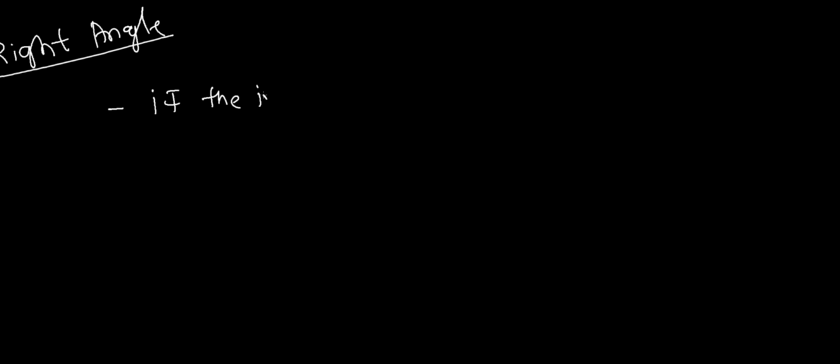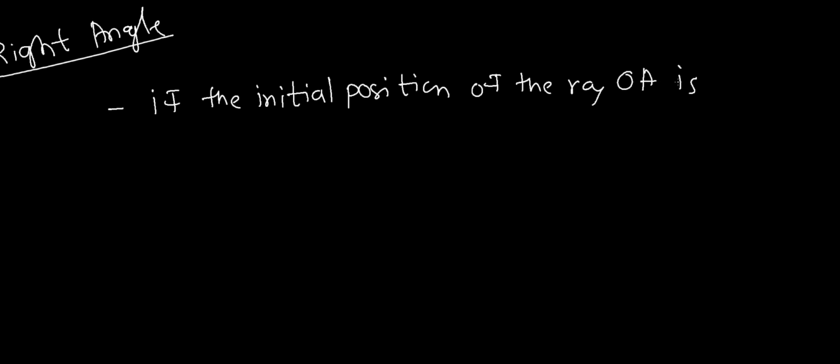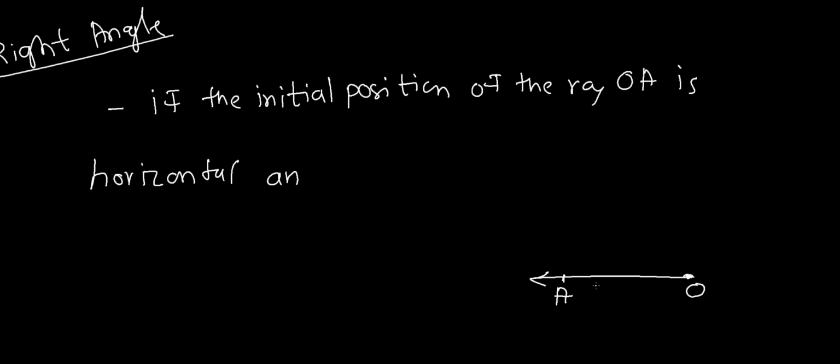And last is right angle. So if the initial position of the ray OA is horizontal, so let's say the initial position OA, this is the initial point, vertex, and this is a point on the ray A, making it ray OA, and this is its initial position.